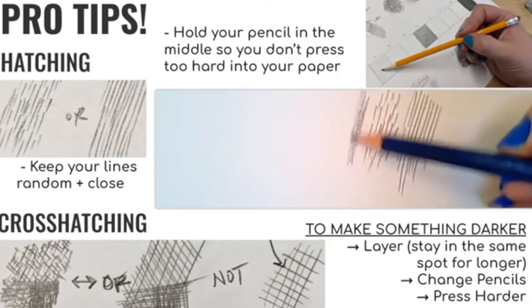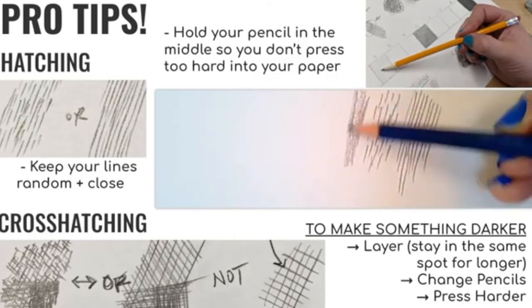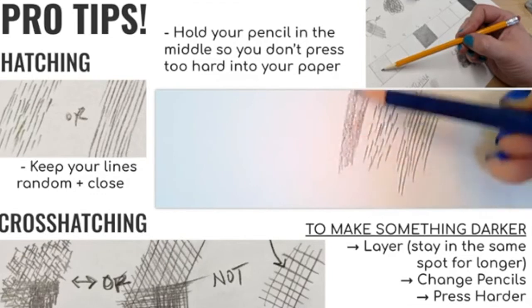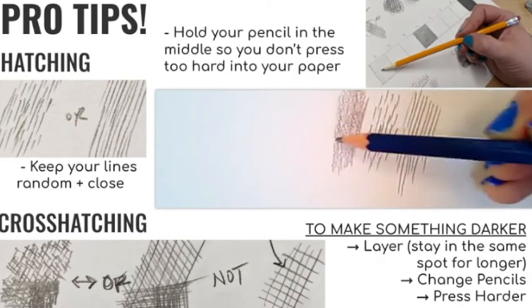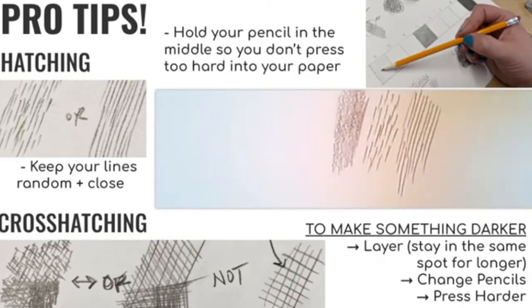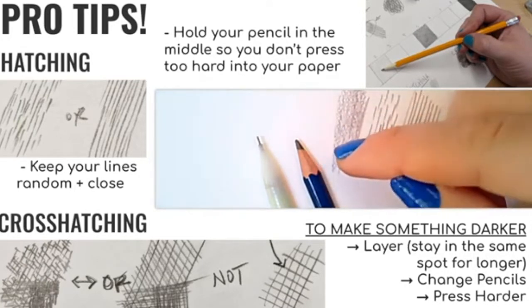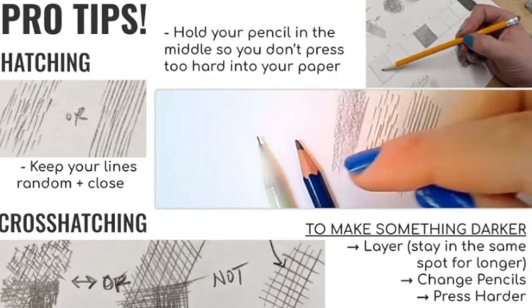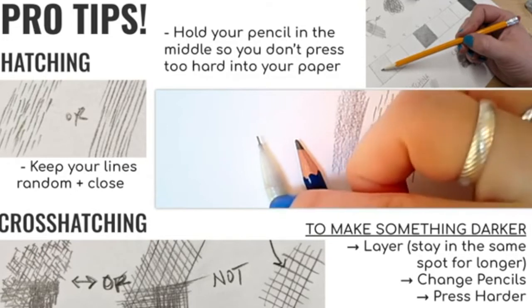Where I'm keeping my pencil low and close to the paper, and my lines are very close together. Now, one of the things I also want you to keep in mind here is you have drawing pencils for a reason. Check out the end of that pencil compared to the end of a mechanical pencil. You're going to be able to shade a lot faster and a lot better if you use a drawing pencil than if you use a mechanical pencil.